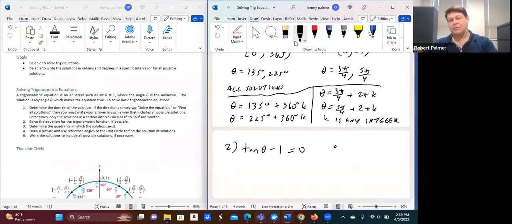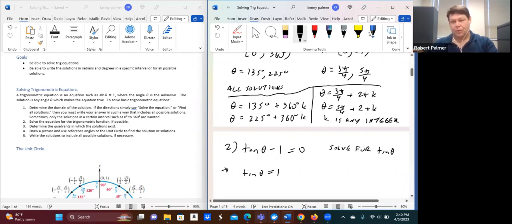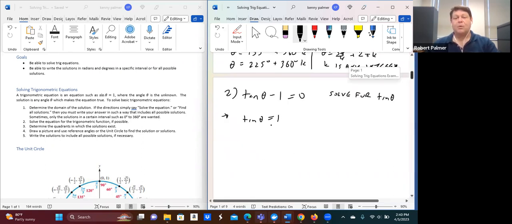So we want to solve for tangent of theta. We do that, and that gives us tangent of theta equals 1. Now here, of course, tangent is positive. This is positive 1.